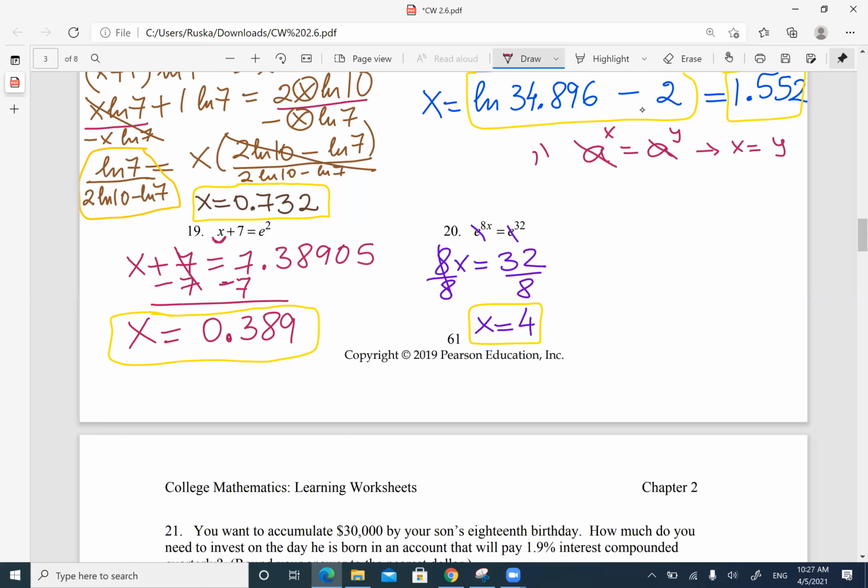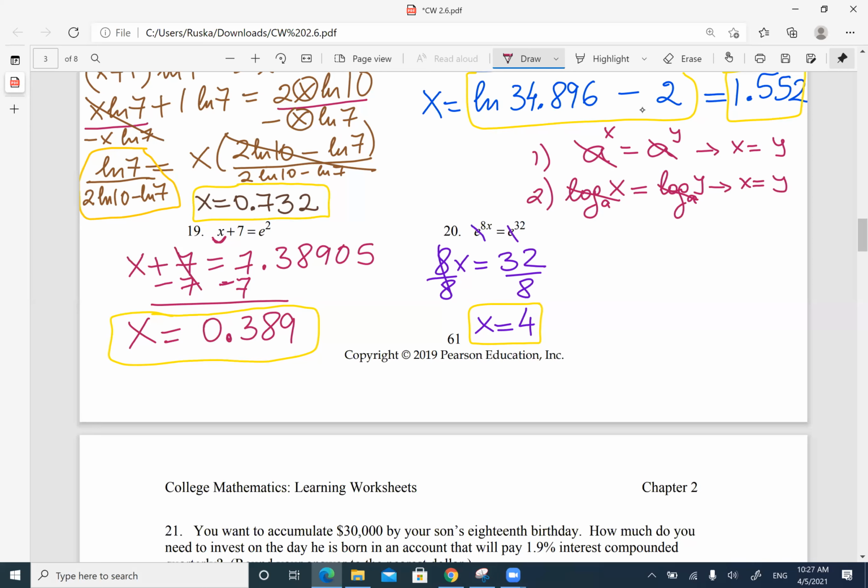That's the first type of equation. The second type is when you have logarithm equals logarithm. So if you have logarithm base a of x equals logarithm base a of y, cross them out, and you solve x equals y, whatever is there. I'm just using x and y, okay?